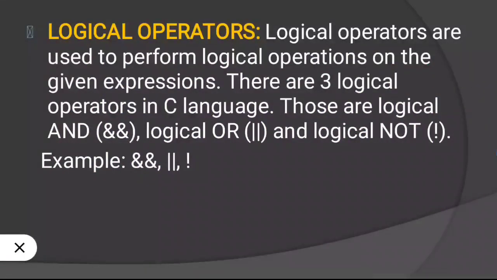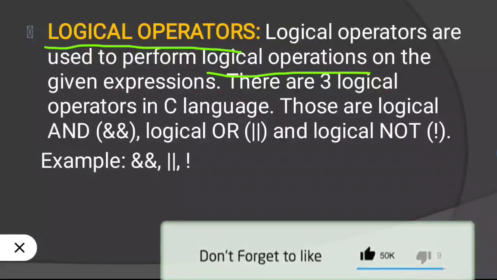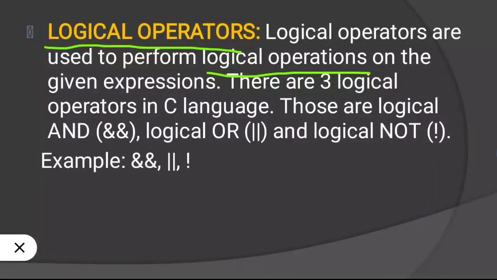Next is logical operator. See, logical operators are used to perform logical operation on the given expression. Means logical operator we use to find the relationship between two arithmetical or relational expression. When we want to find the relationship between two or more arithmetical or relational expression, that time we will use this logical operator.